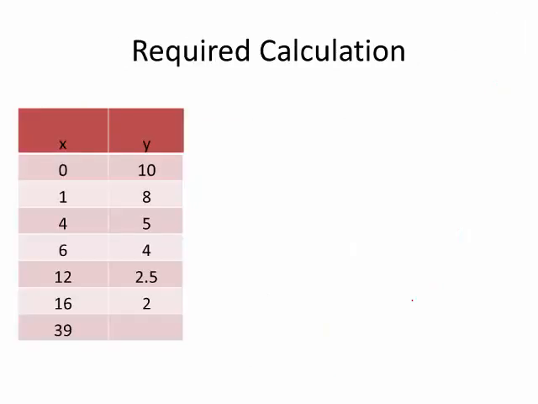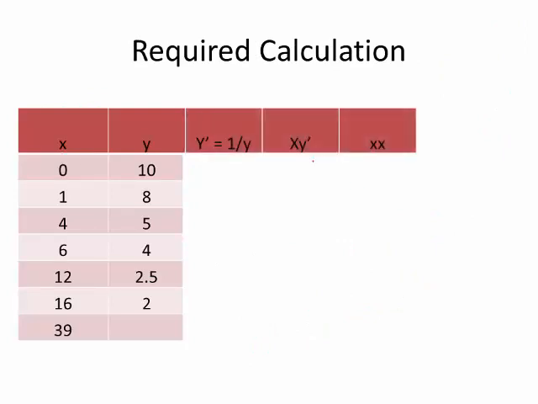The given data was this one, so I need to find some other calculation. For example, first of all I have to convert y into 1 over y, I call it y dash. Then I need to use this data and this data, and forget about this data at the moment.